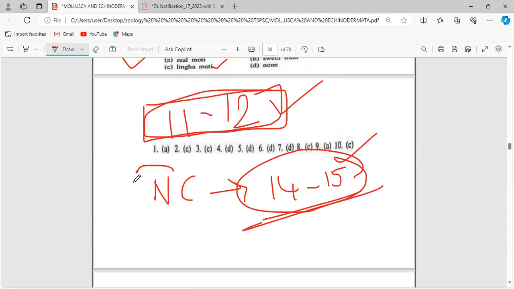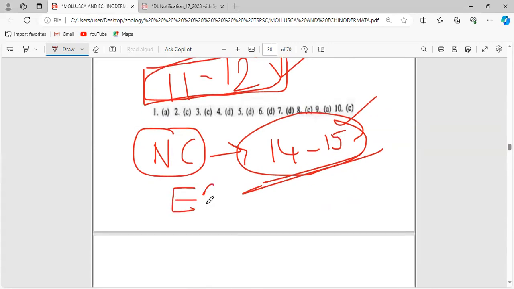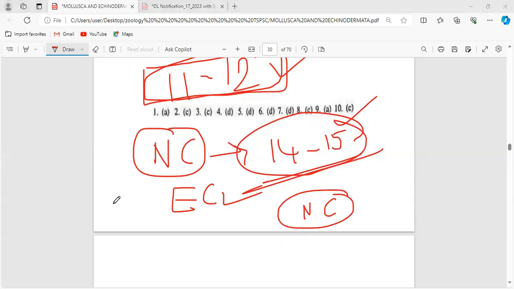I will show you when I discuss the non-core data test. By tomorrow, echinodermata will be completed. If not, we'll complete it the day after tomorrow. And the day after tomorrow is the final test for you with respect to the non-core data. Any suggestions you want to make regarding non-core data, just tell me now.